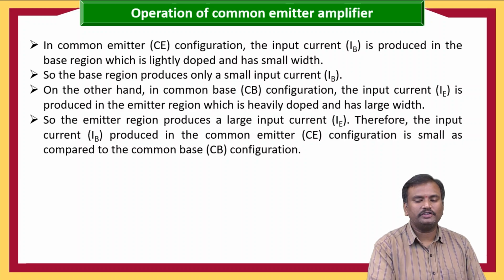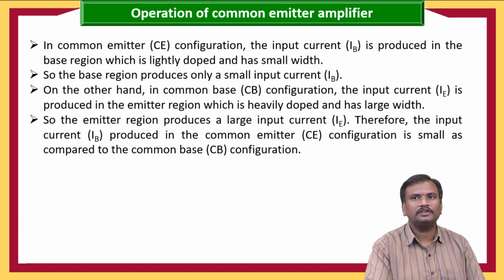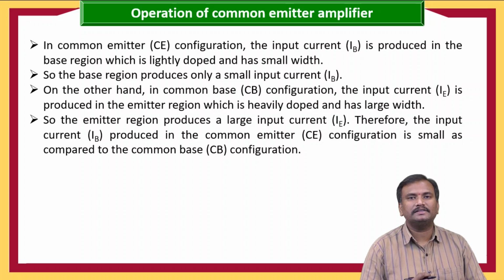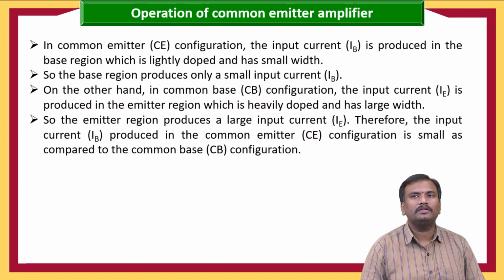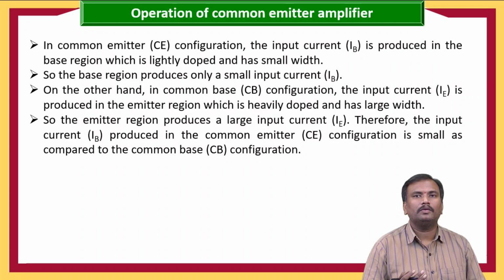So the emitter region produces a large input current. Therefore, the input current produced in the common emitter configuration is small as compared with the common base configuration, because in the common base, emitter current is the input current. So emitter is heavily doped and has large width, so the current will be more.